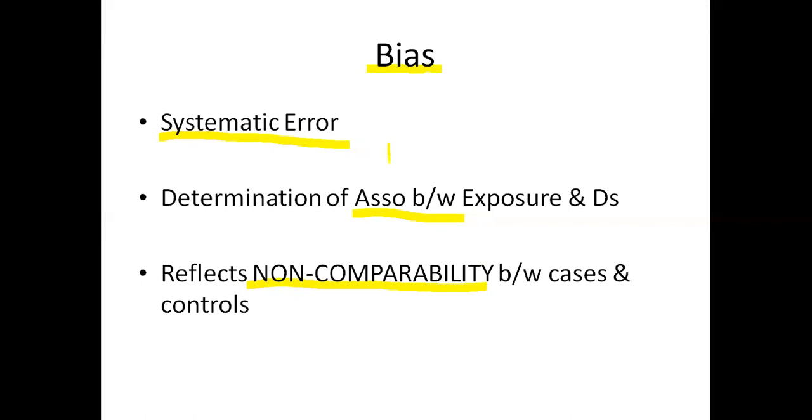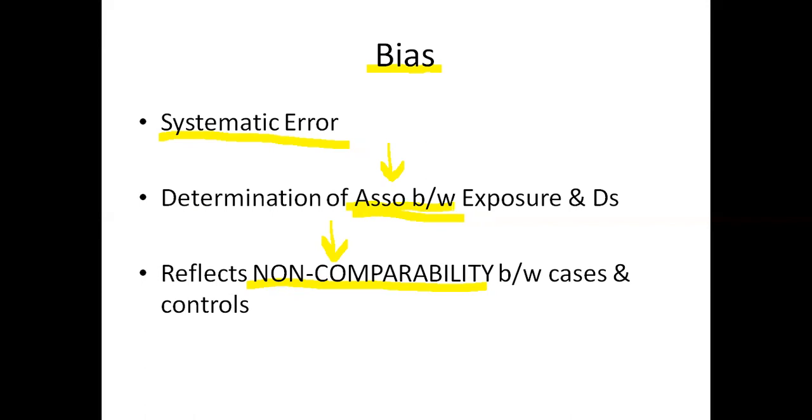It is very important that we understand that in case control studies, bias is a systematic error which would affect the association between exposure and disease, and it would make cases and control groups non-comparable or less comparable. Please remember, in the last video we time and again kept repeating this word association or strength of association, likeliness, chances. So this bias would affect that likeliness.